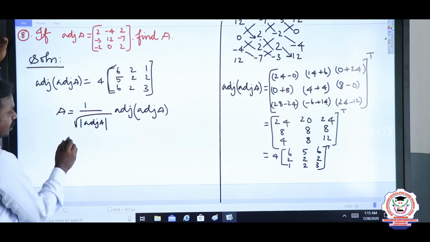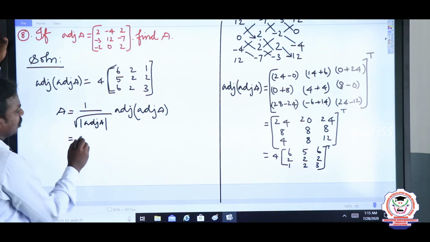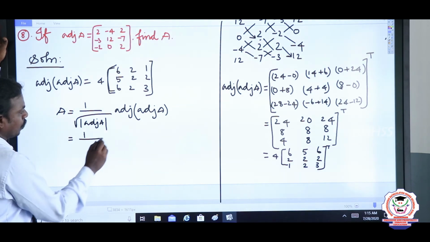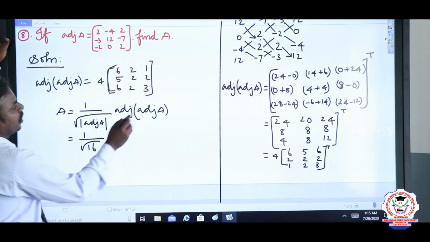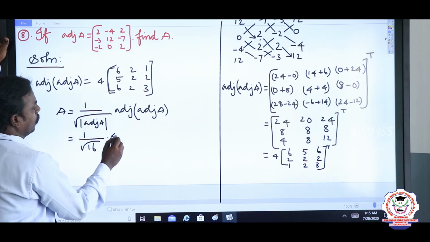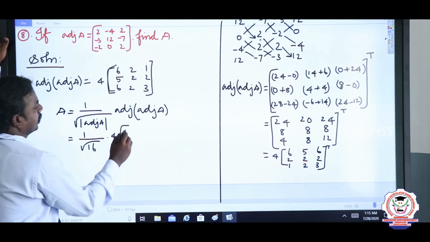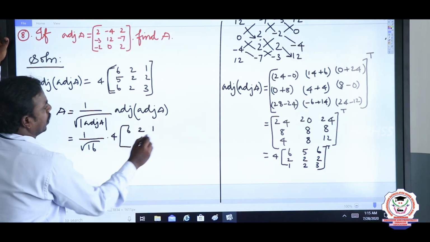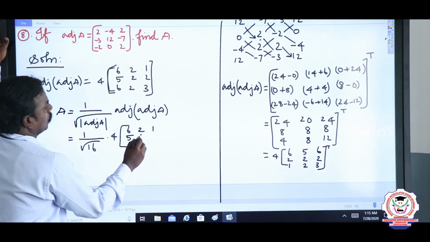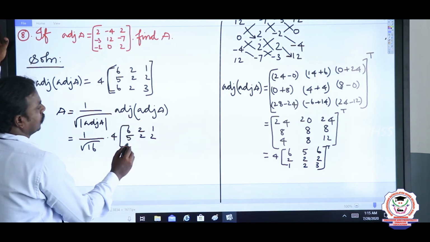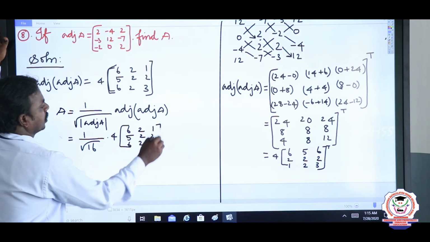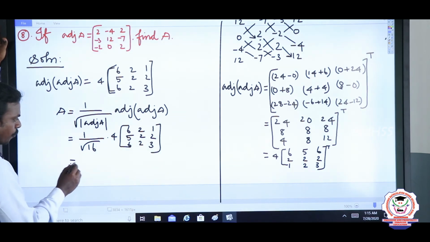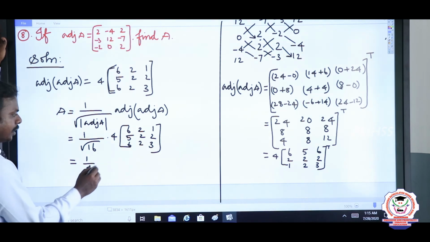Listen, from this 1 by determinant of adjoint A is 16. 1 by square root of 16 into adjoint of adjoint A is 4 into 6 2 1 5 2 2, 6 2 3 from this. So, square root of 16 is what? 4. So, 1 by 4 into 4.